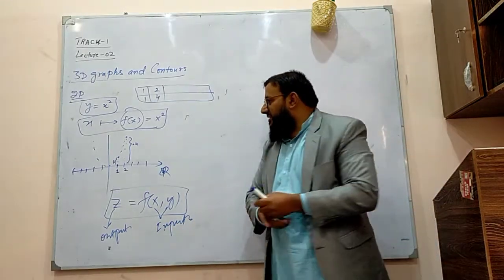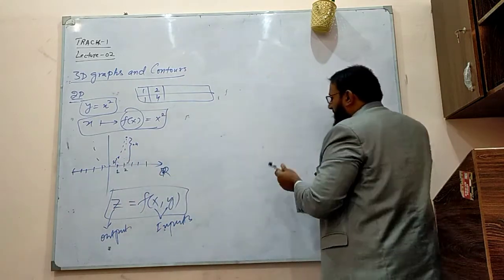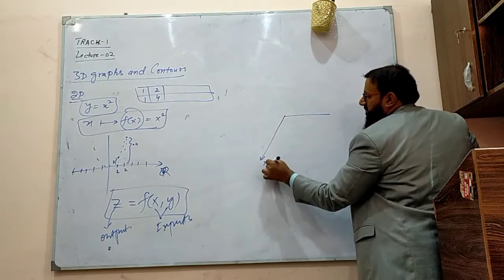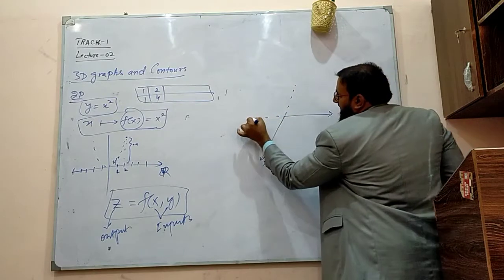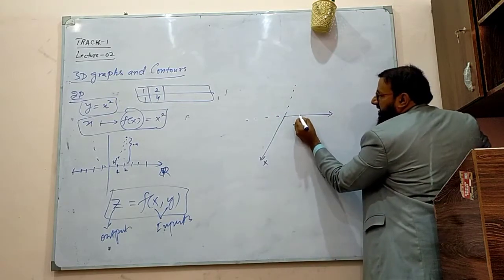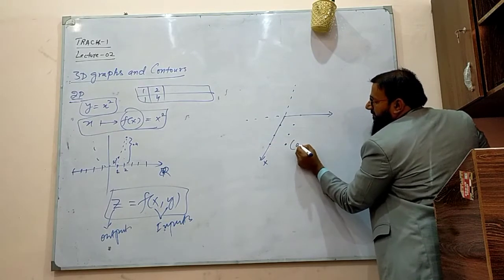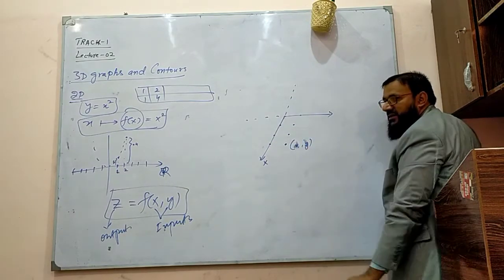What does this represent? If you just compare this with this idea, you have a plane, what we call the xy plane. Okay, and in this xy plane, you can represent any point with, let's say, an ordered pair, we call it AB, or in other words, we call it xy.